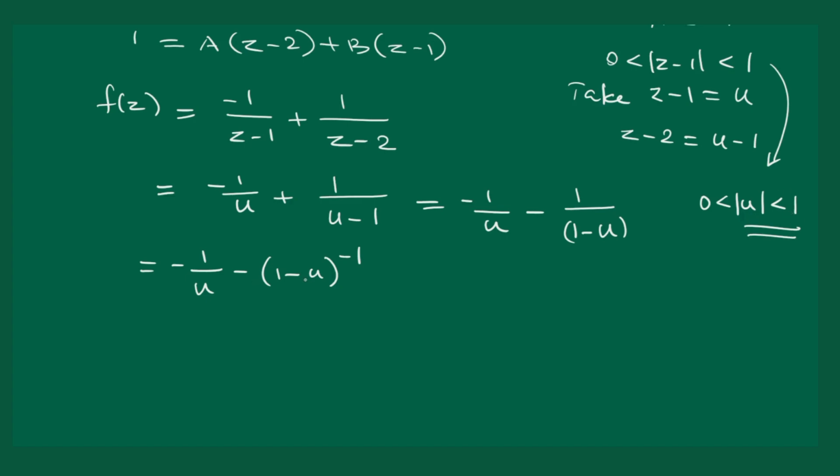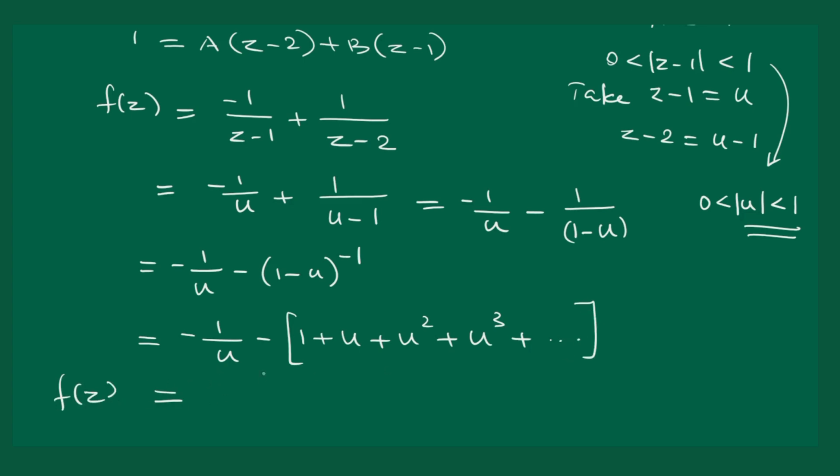So we can use binomial expansion for this term. So this is equal to minus 1 by u minus, now we can use the binomial expansion; since both the terms are minus, same sign, it becomes all positive: 1 plus u plus u square plus u cube plus etc.